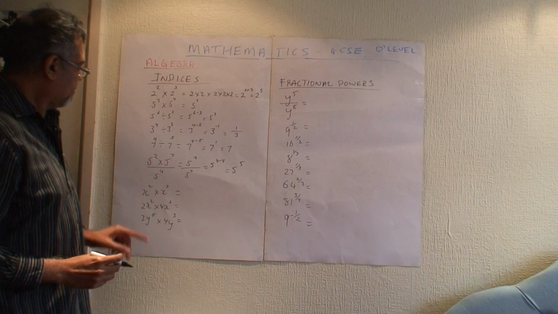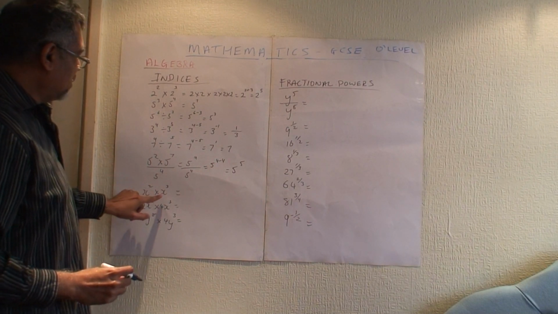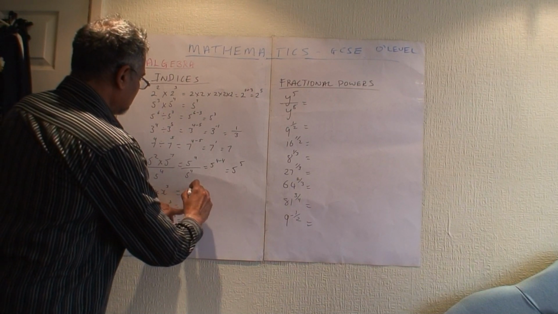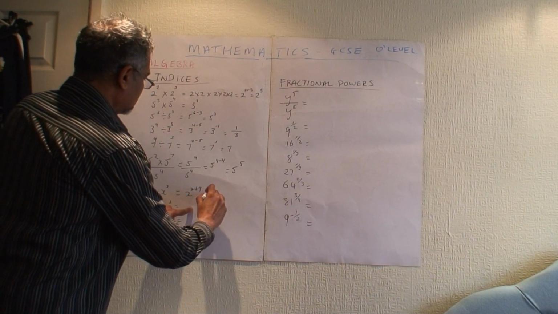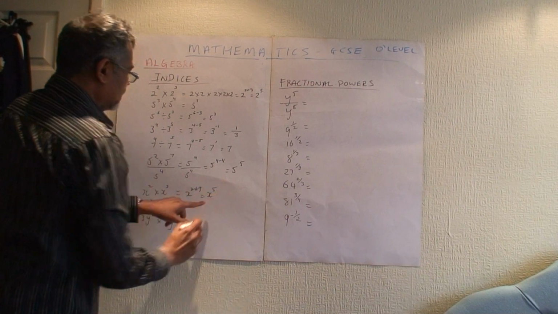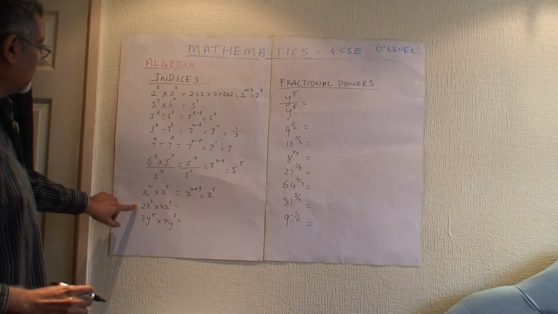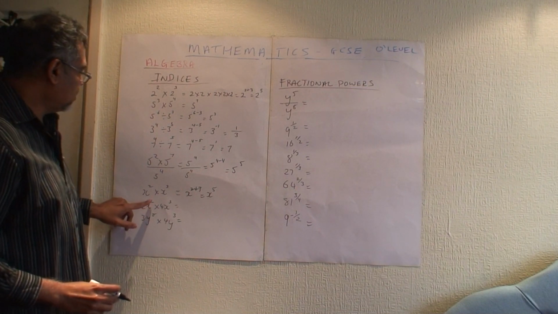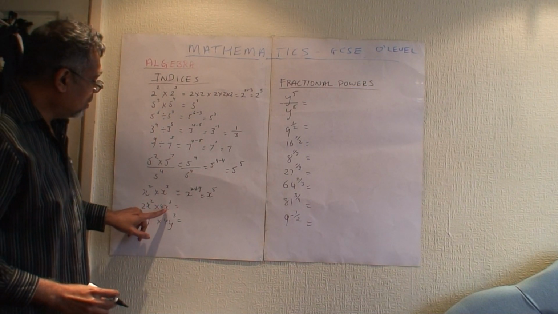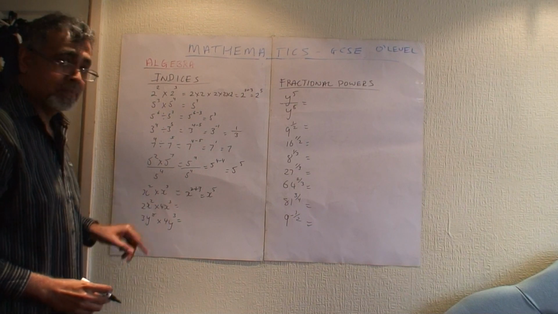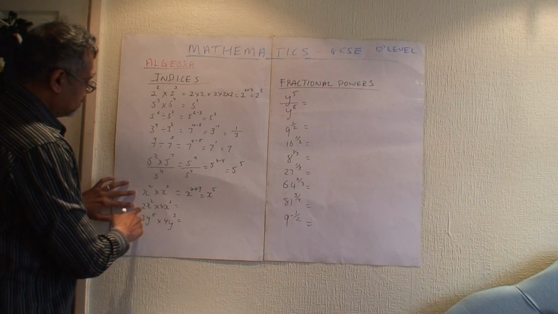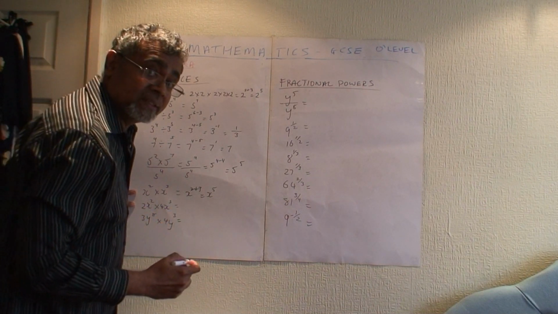Okay, x squared multiplied by x cubed. Again, add the powers. 2 plus 3 is equal to x to the power of 5. Alright, 2 multiplied by x to the power of 2 multiplied by 4 multiplied by x to the power of 3. Okay, so we multiply the numbers together, so 2 multiplied by 4 is 8.